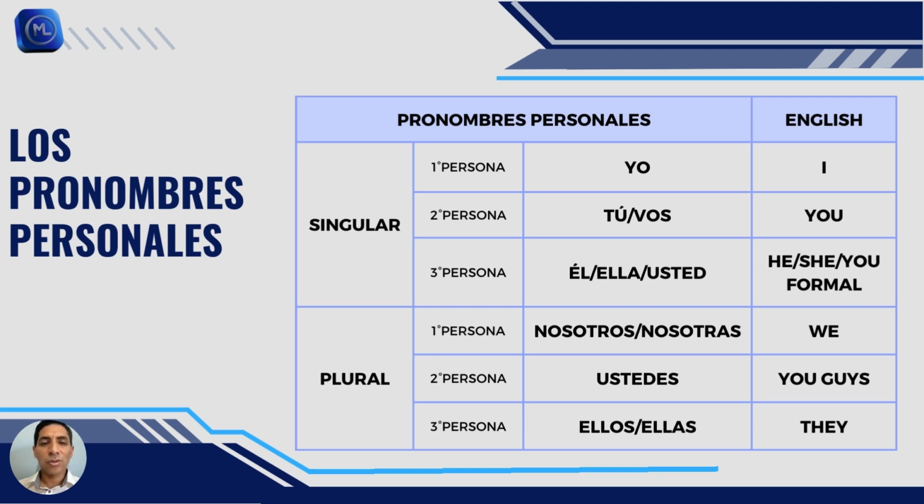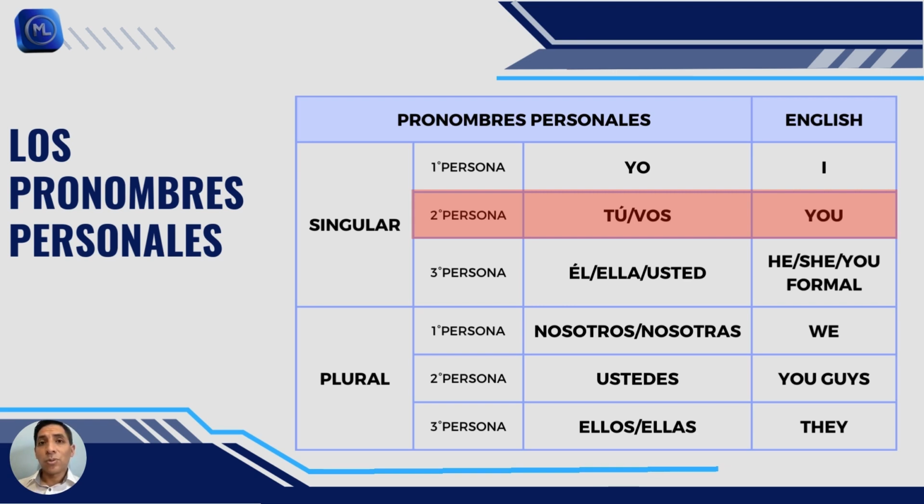Sometimes I'm going to switch. Then you have the second person in the singular form, which is tú or vos. Tú is for most countries, and vos is for Argentina, Uruguay, Paraguay, and some other countries too, okay? So it means the same, and that means you.